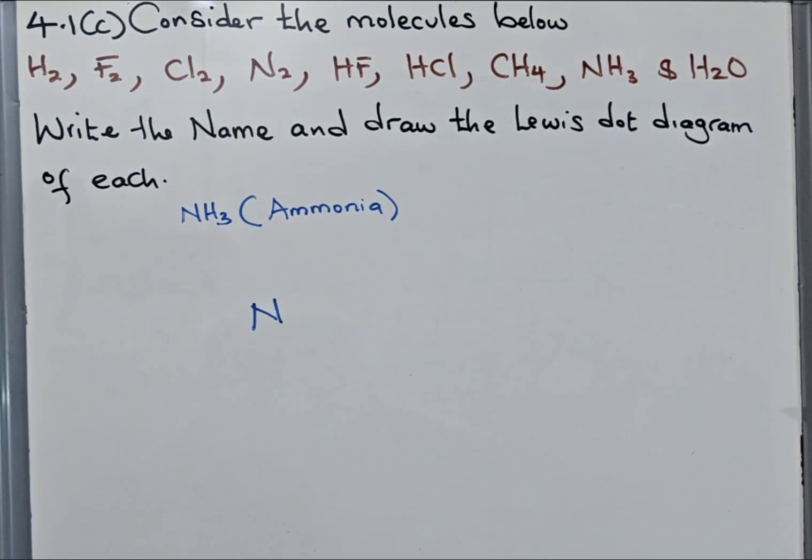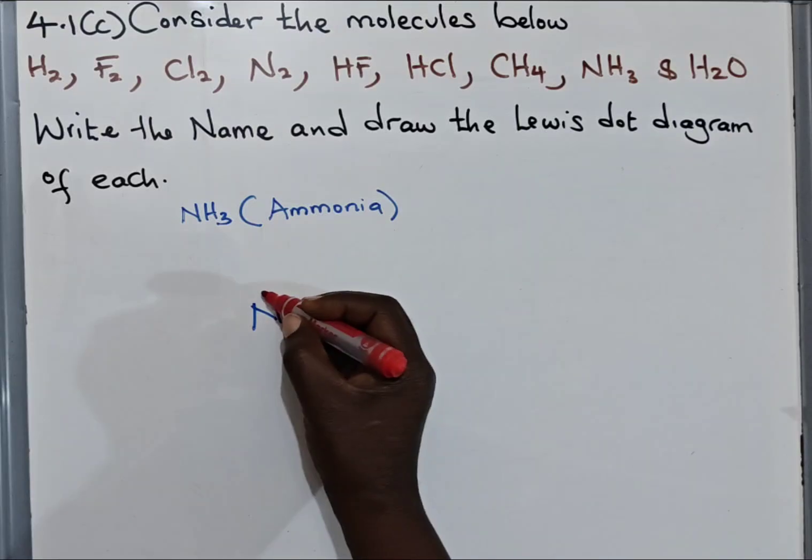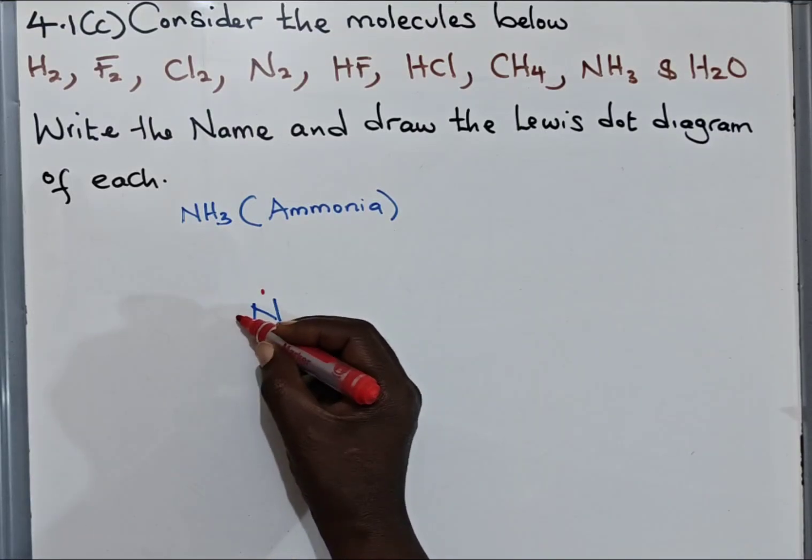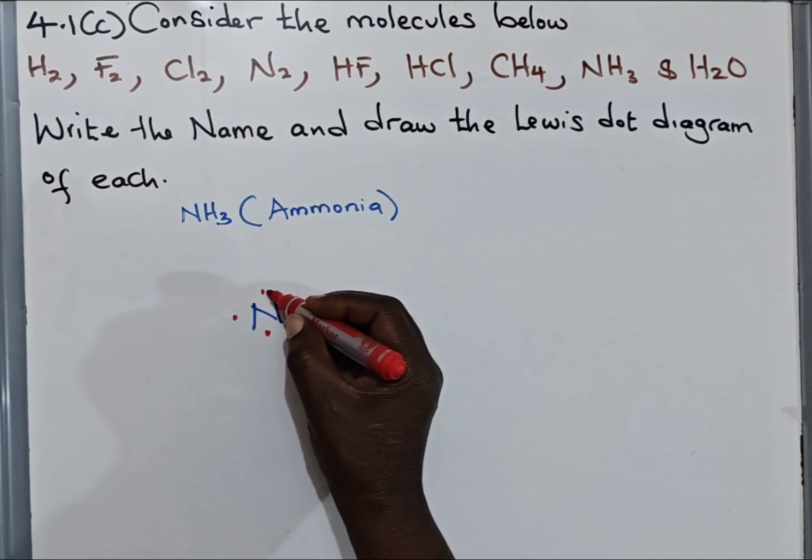Now, nitrogen belongs to which group? It belongs to group 15, and group 15 has 5 valence electrons, which you distribute as 1, 2, 3, 4, then 5.